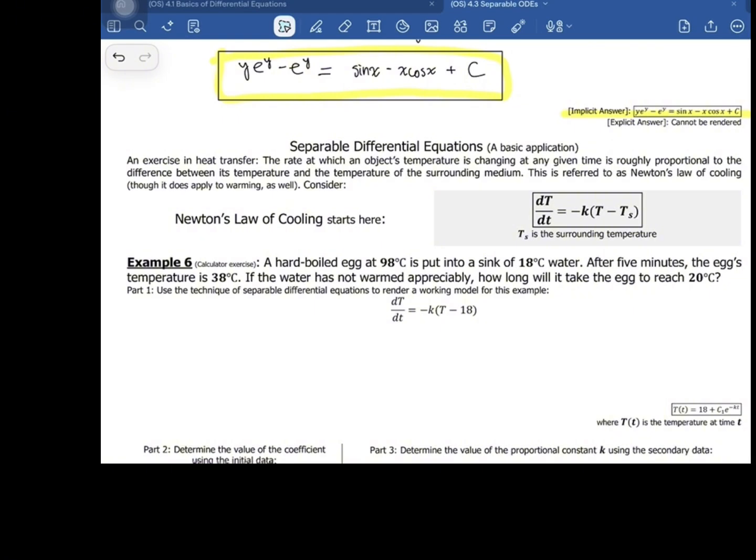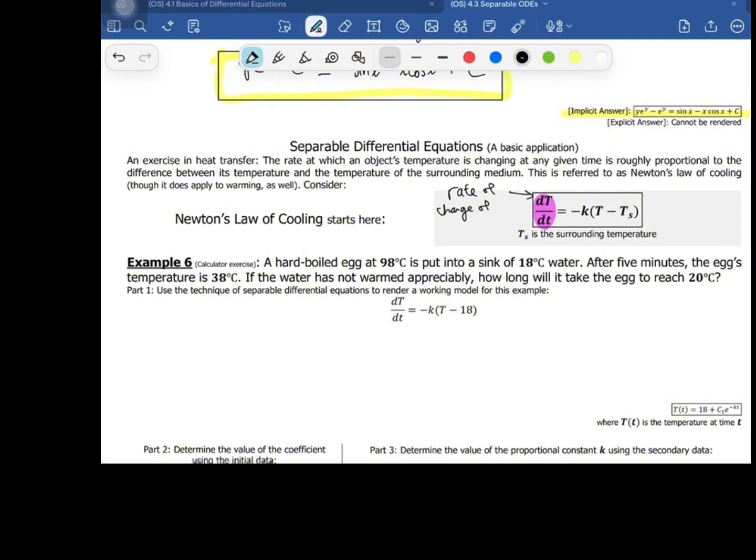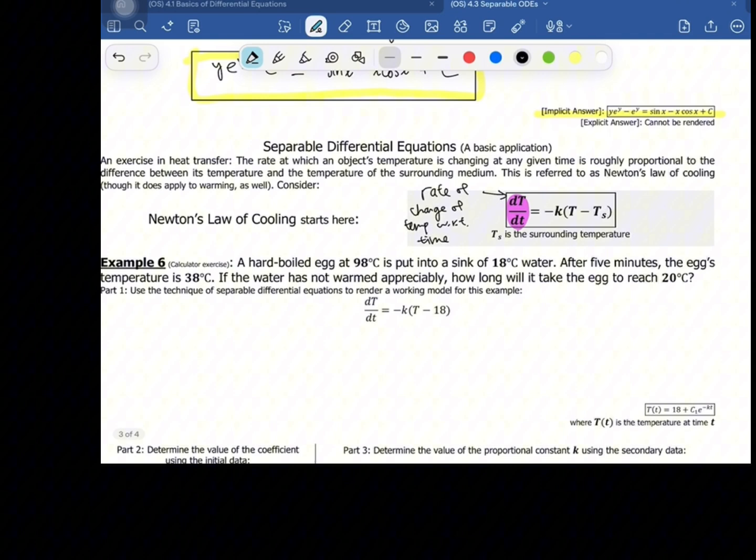As you can see on the right, we have a differential equation with dT over dt representing the rate of change of temperature with respect to time. So capital T stands for temperature, while lowercase t represents time.